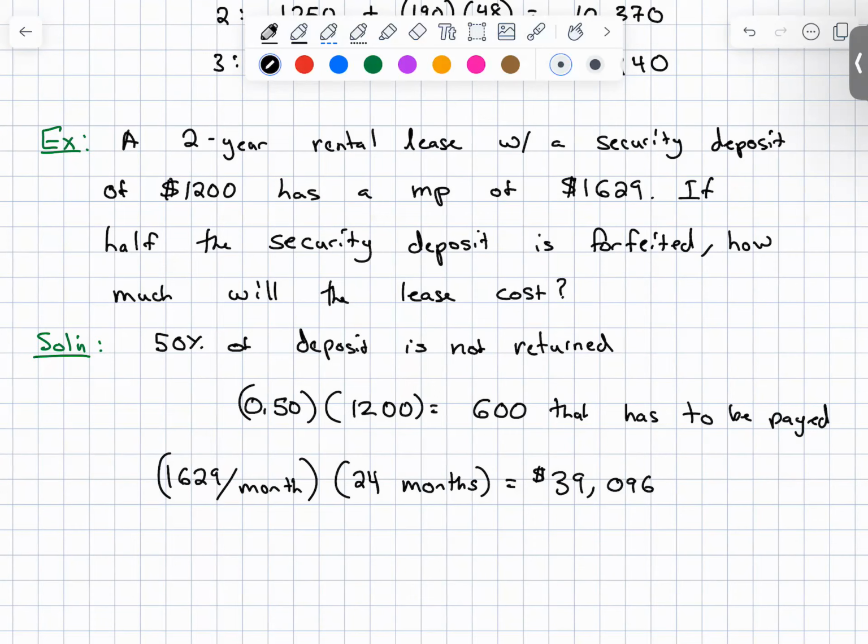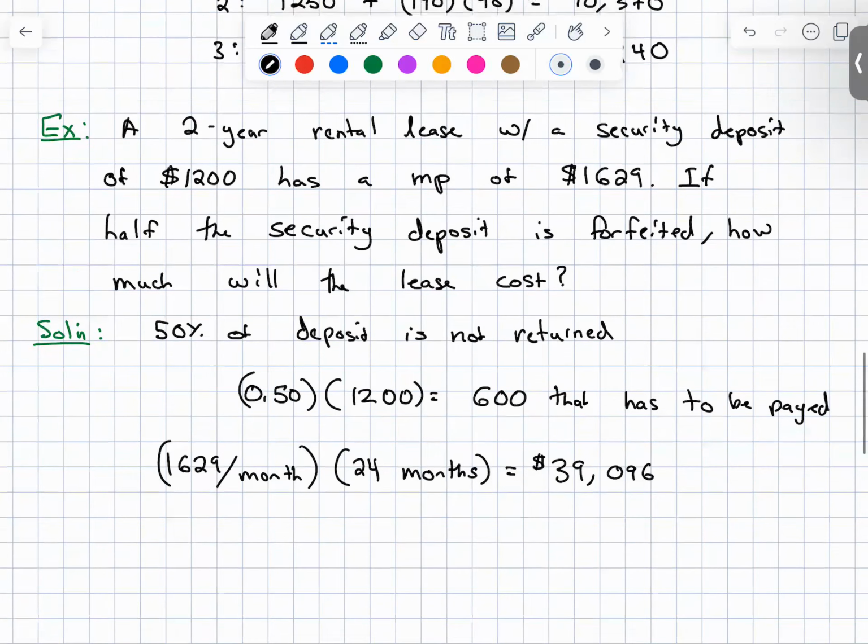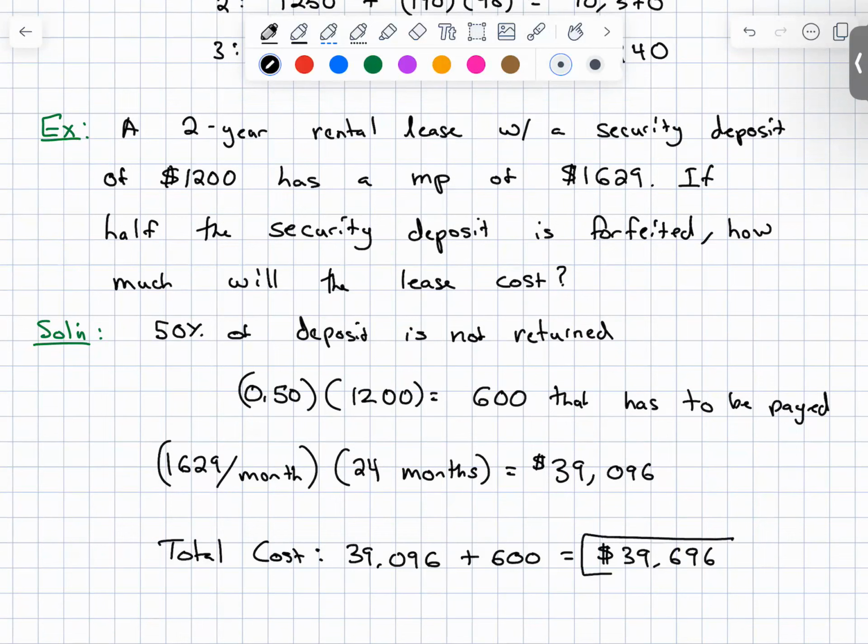So the total cost of the lease will be the monthly payments for 2 years, at $39,096, plus the $600 that you won't get back. And that ends up being $39,696.